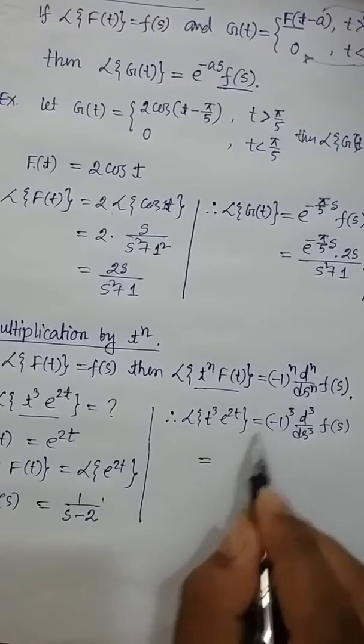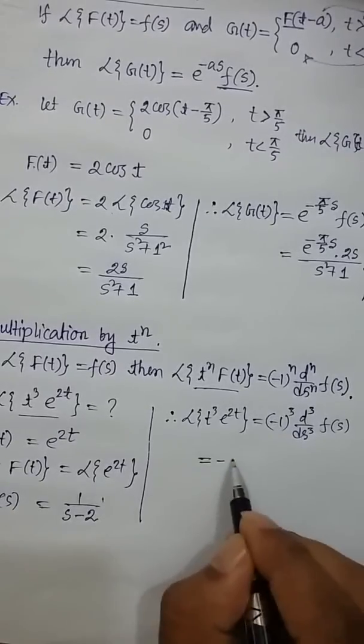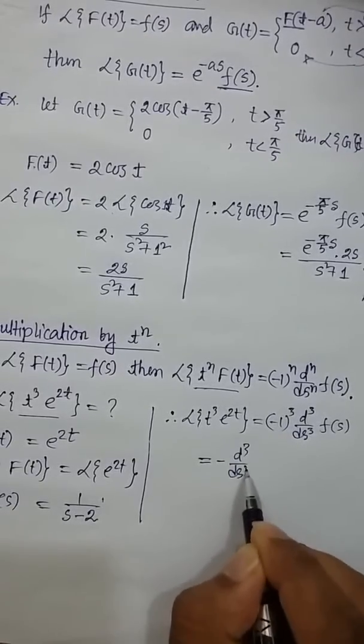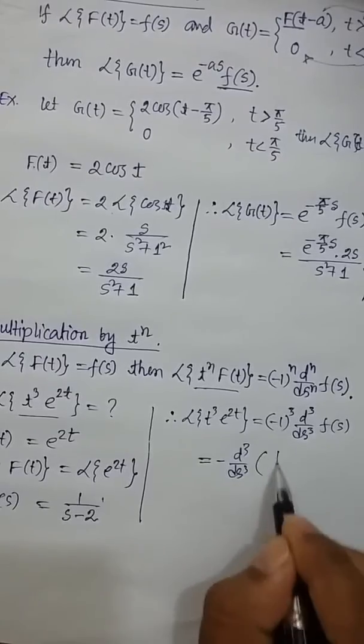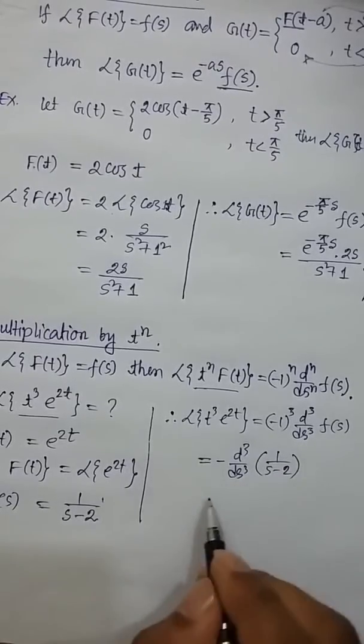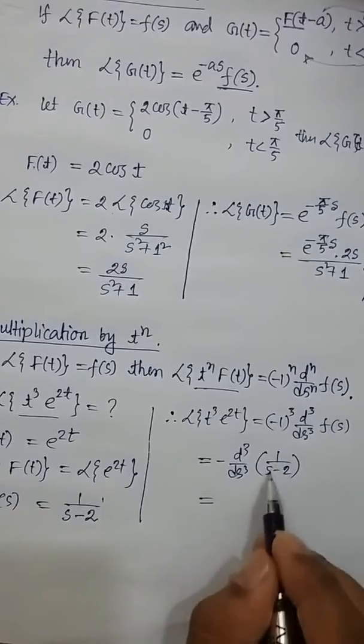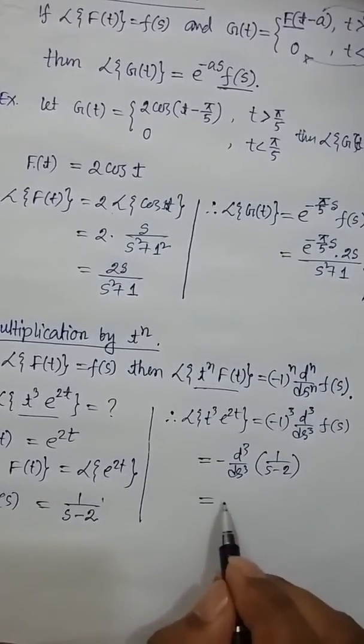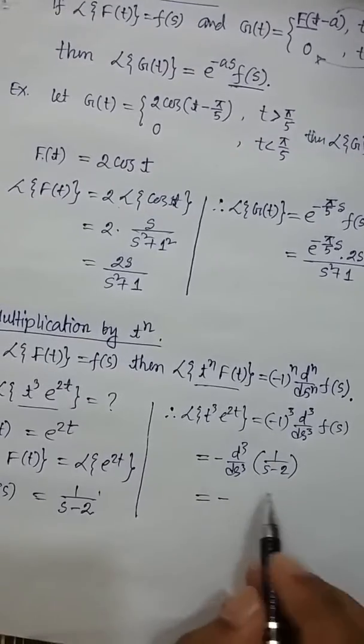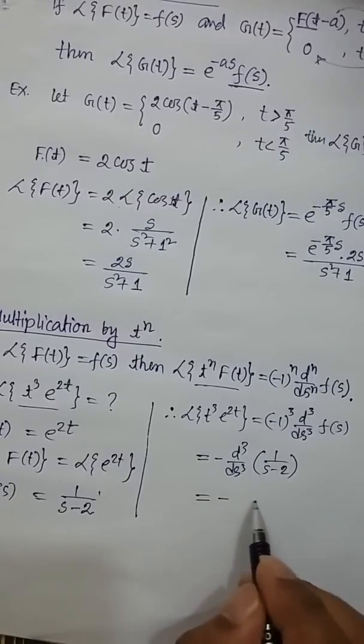That is minus 1 cube, equals minus d cube by d s cube of 1 by s minus 2. So we will have to differentiate 1 by s minus 2 three times, and see what it gives us.